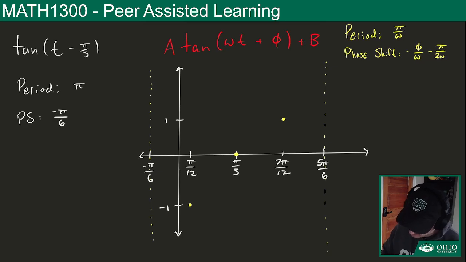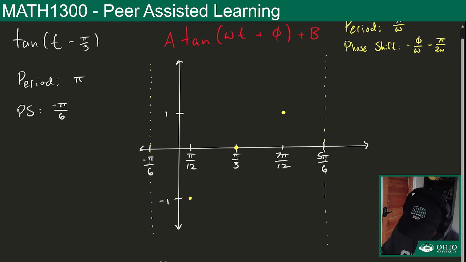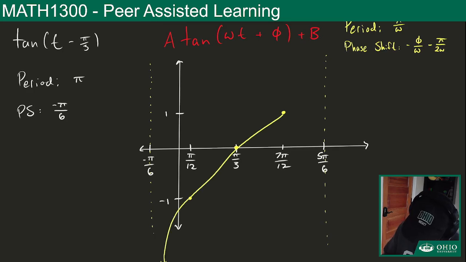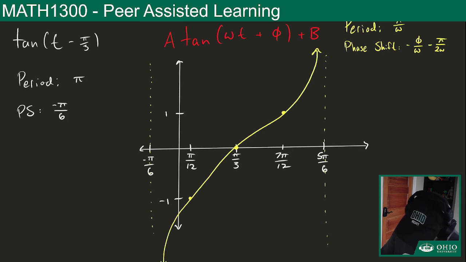And now finally, I can fill this in, well, I can try to, by drawing an increasing function. That looks kind of horrible. Let me see if I can do that a little better. Okay.